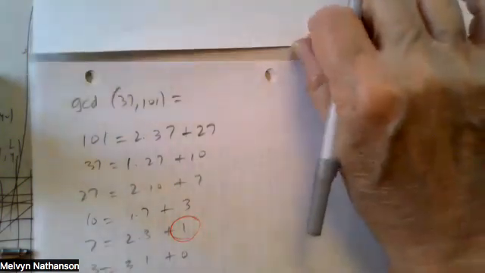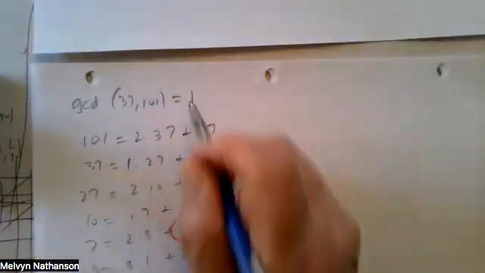So by the Euclidean algorithm, 1 is the greatest common divisor of these two numbers.